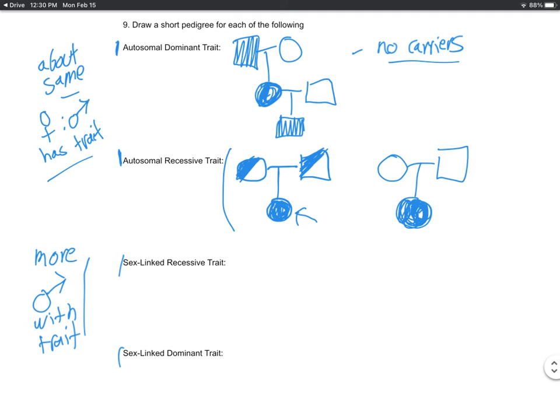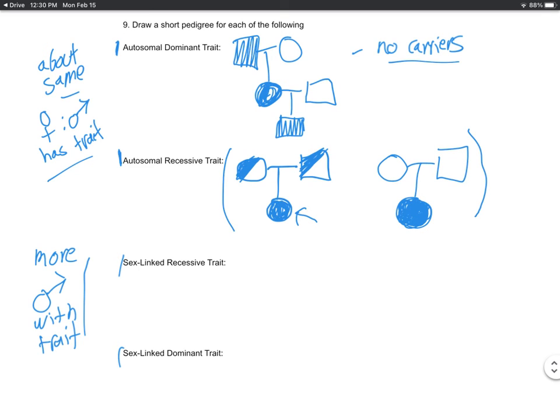And in fact, this situation where the child has the trait and neither parent does, if that child is a female, if we have a female child who has the trait and neither parent does, that also eliminates the possibility that this is a sex-linked recessive trait, because if it was, in order for a daughter to have the trait, the father would have to have it as well.